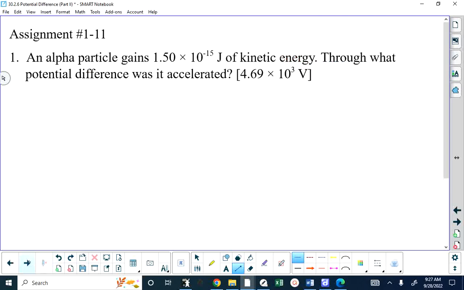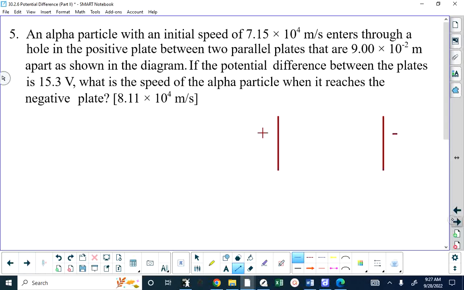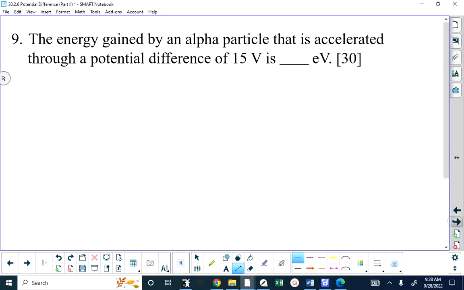Ian? 9. Okay, let's take a look at number 9. So how much energy is gained by an alpha particle that's accelerated through 15 volts? Now, that's not the same one. There's more to it, like a whole explanation.